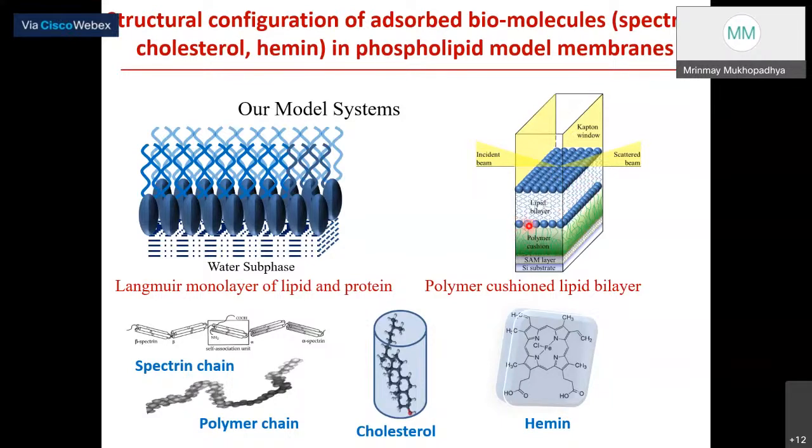Then you have an inner part, a hydrophilic part, which is PC or PE or PS. And the hydrophobic part in the middle is DP or DM or DA, DS, all these kinds.